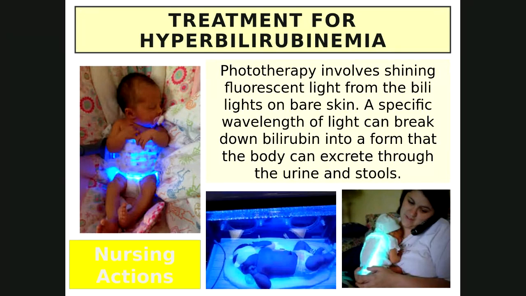And we can do that through a Billy blanket like this baby has, or we have to put the baby under Billy lights and actually shine the light on them.